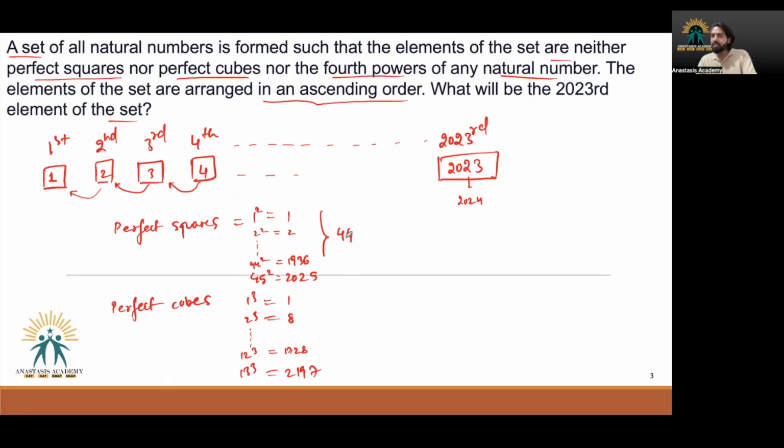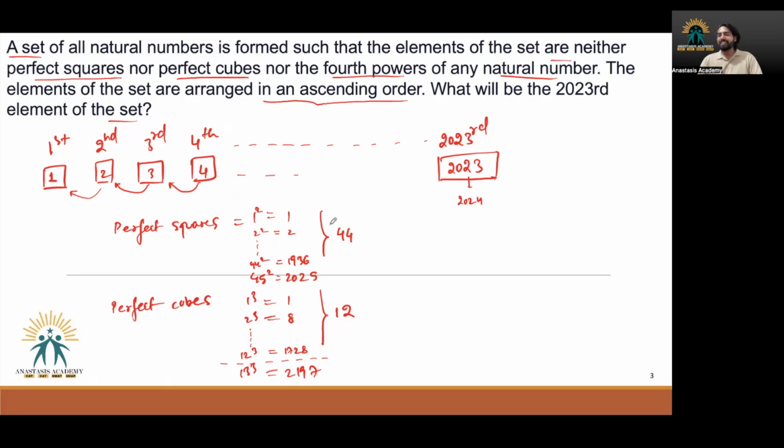So if we have to subtract the perfect cubes, we take these numbers: 1 cube, 2 cube, up to 12 cube. These are 12 in number. So the perfect cubes we delete from this series are 12.